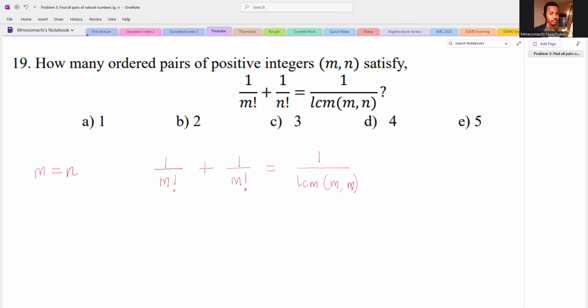The LCM of m and m is going to be m. So in that case, we'll have 1 over m factorial times 2 equals 1 over m.